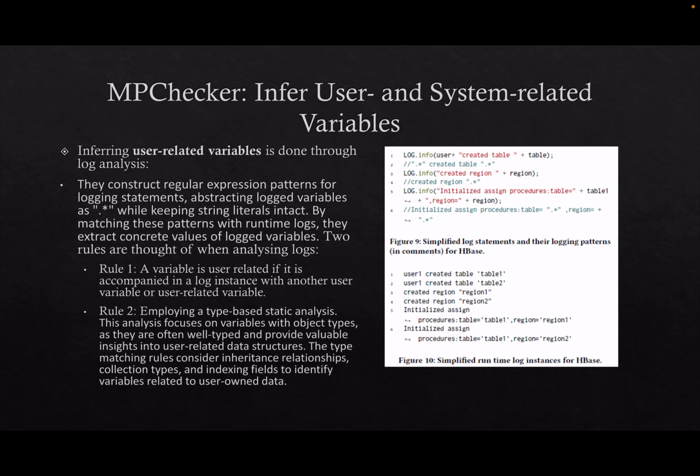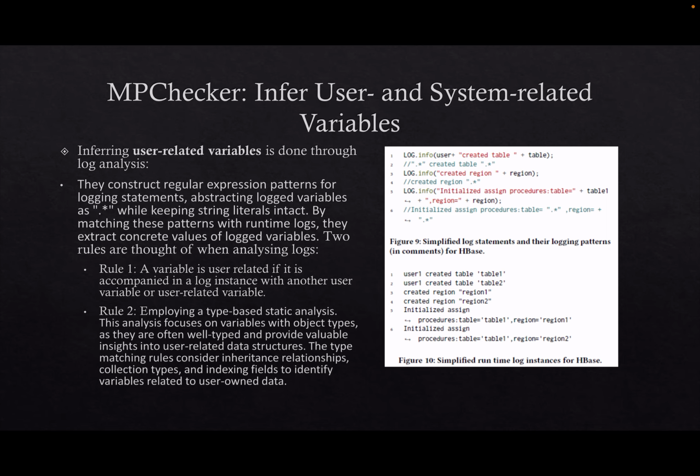So there are 2 rules that are applied when analyzing logs. Rule 1: a variable is user related if it is accompanied in a log instance with another user-related variable. In figure 9, the extracted log pattern for each statement is highlighted in comments. Variables printed in the logs are abstracted as dot star in the log pattern, and their runtime values can be obtained from the matching log instance.